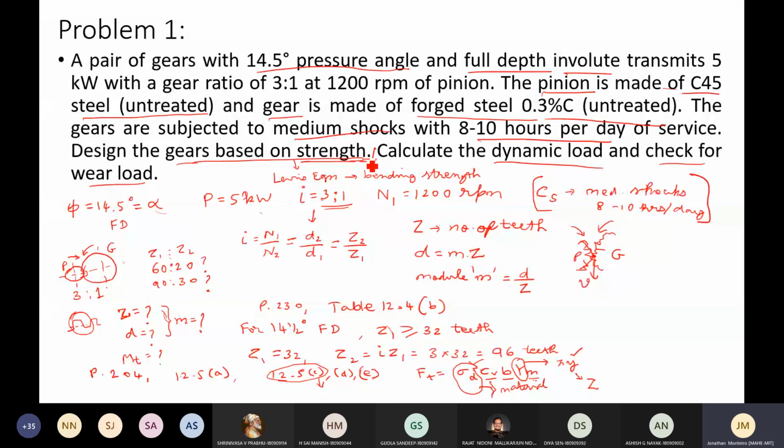So based on strength means a kind of static strength account. Static strength it has taken care of, but is the size enough for a dynamic load? Now, since we have set this particular module of 2.5, we will calculate the dynamic load on the gear and also check for wear load.